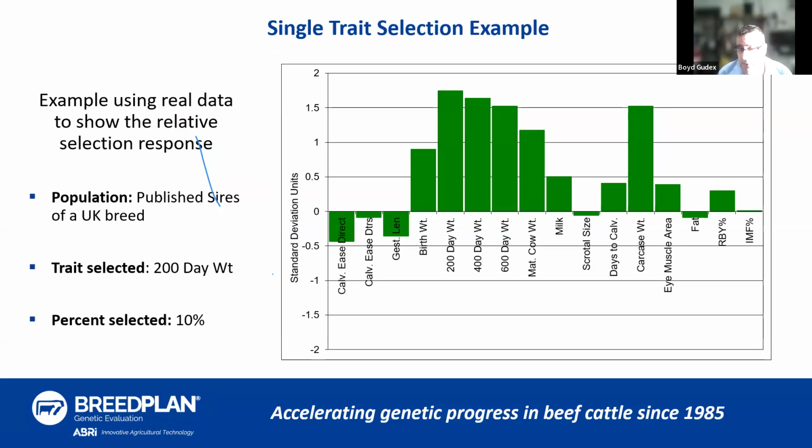If we selected solely on 200-day weight, this is what you would expect to see in that population. As you can see, calving ease goes down, birth weight up, mature cow weight up, and they would get leaner as well. So certainly what we expected to see.